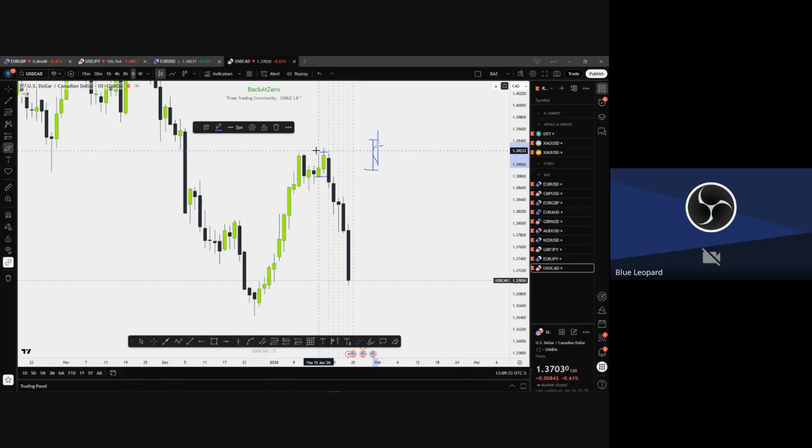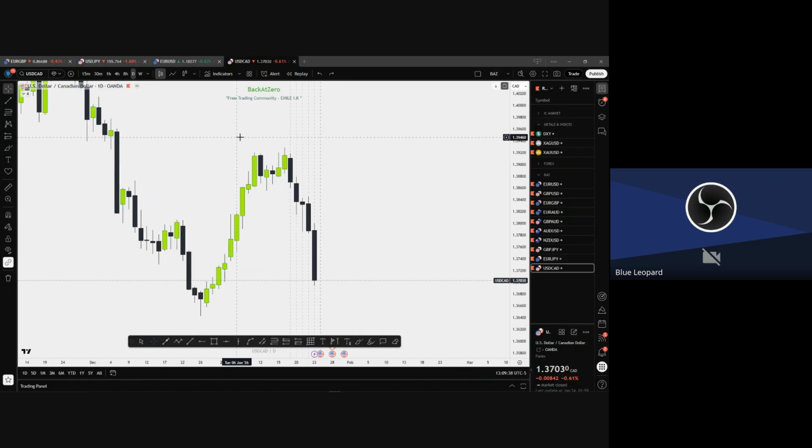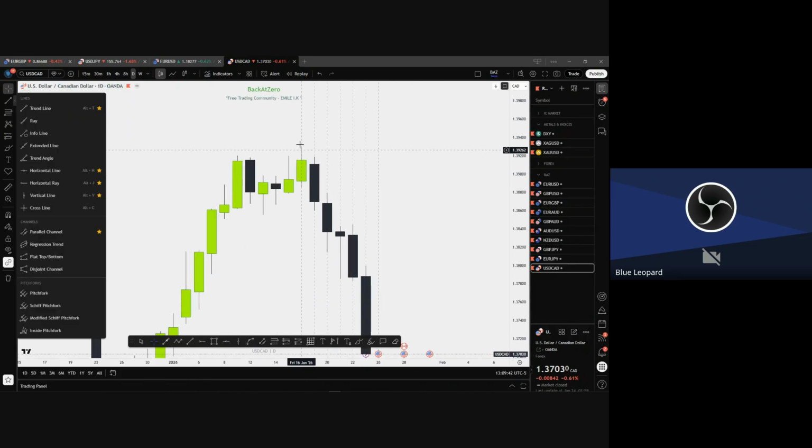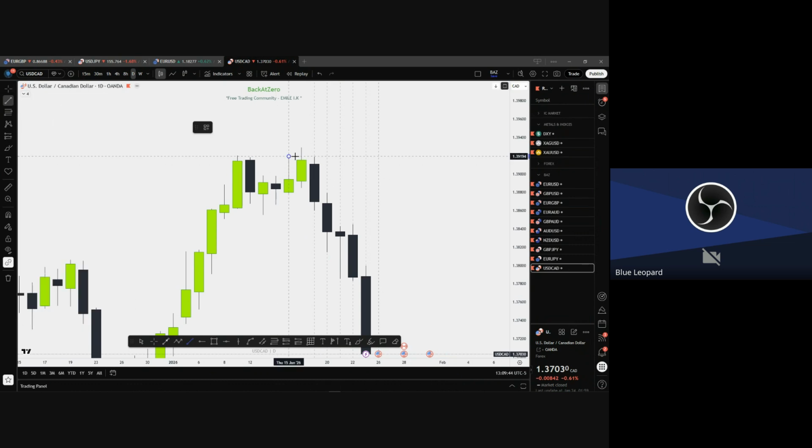Let us come closer. If it closes above this level that I just marked, then we know we should continue. We should look for buys.